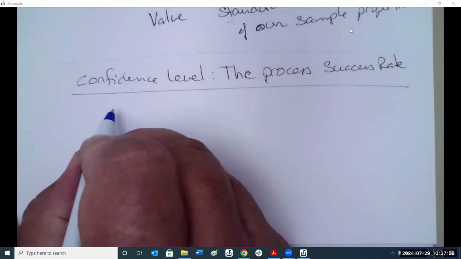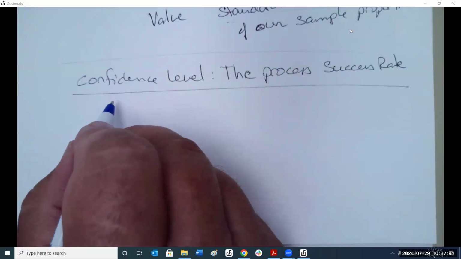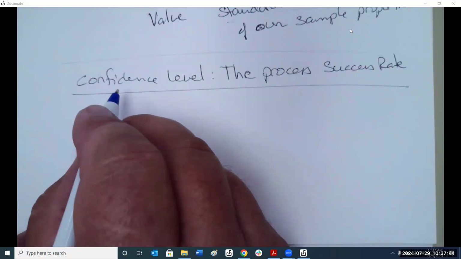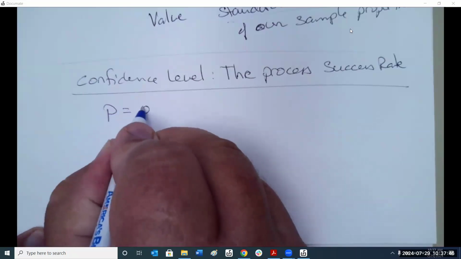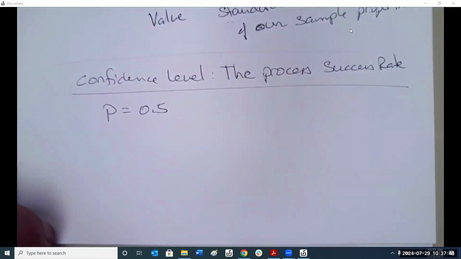What it tells us here is this: how often are we correct, pretty much? 0.5 represents what in fraction?